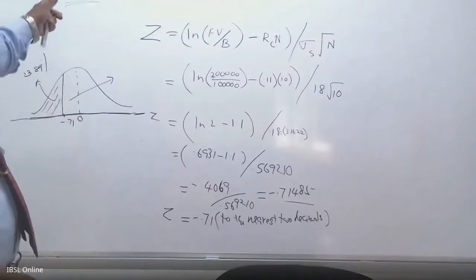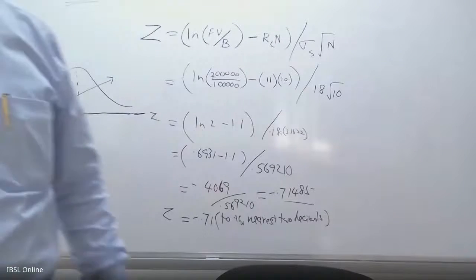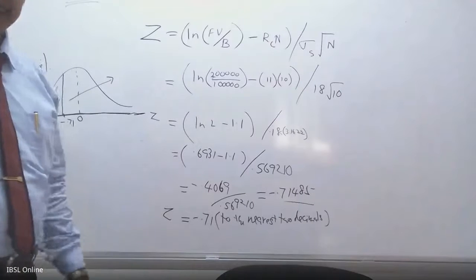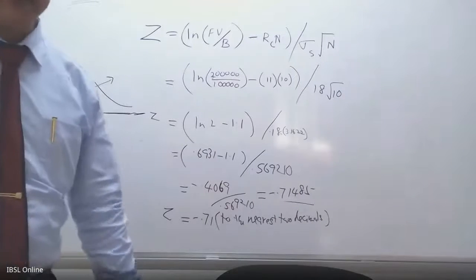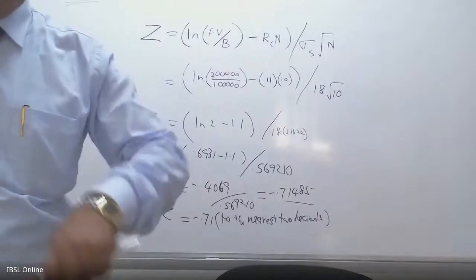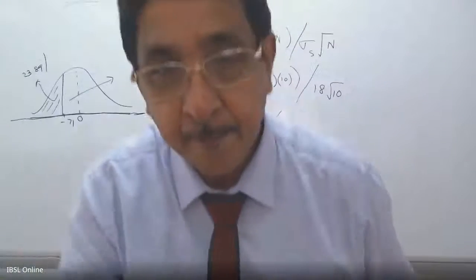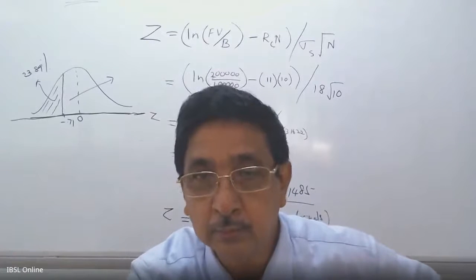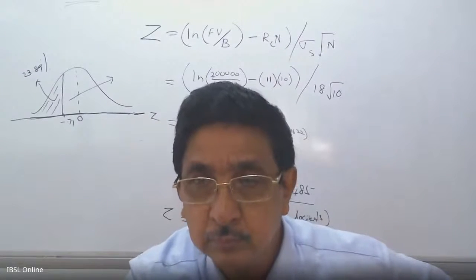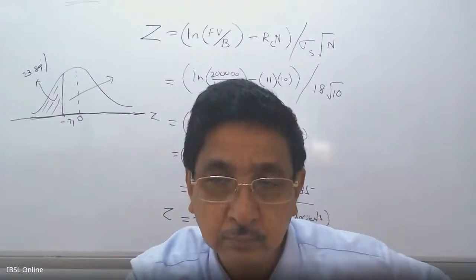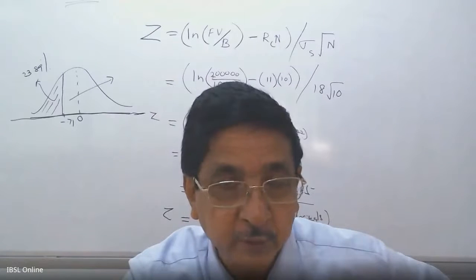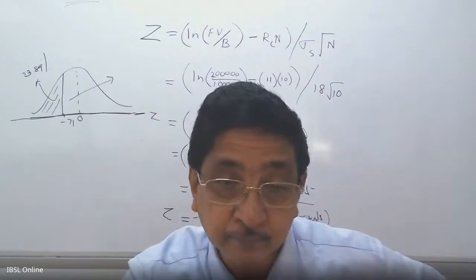But if you do the calculations with the decimals, you will get slightly more precise figures. That doesn't matter because you can mention what you have done. Are you okay with the calculation?